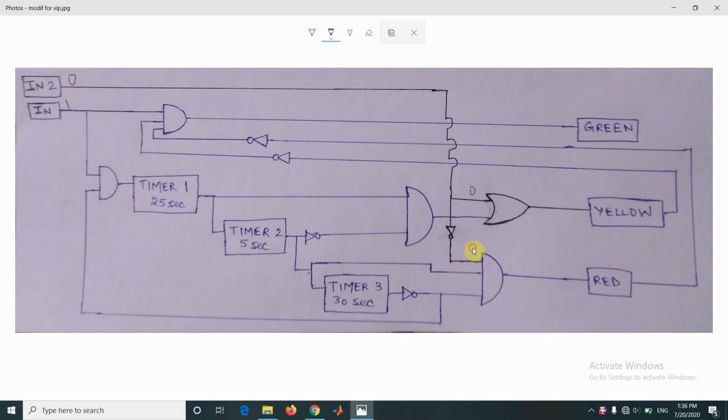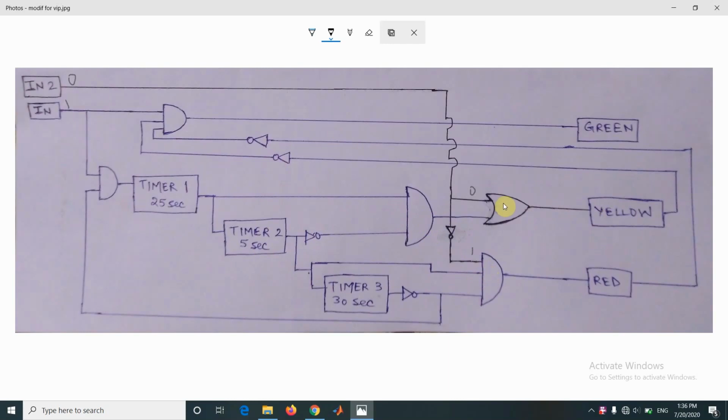Also, due to this NOT gate, this input to the AND gate would always be 1 and the output of this AND gate would depend on these two inputs, and hence the cycle would run as in the basic circuit.